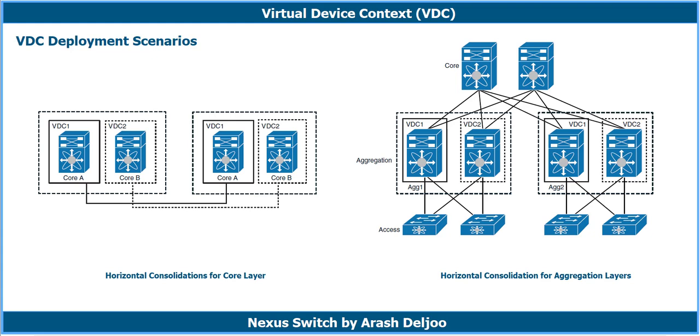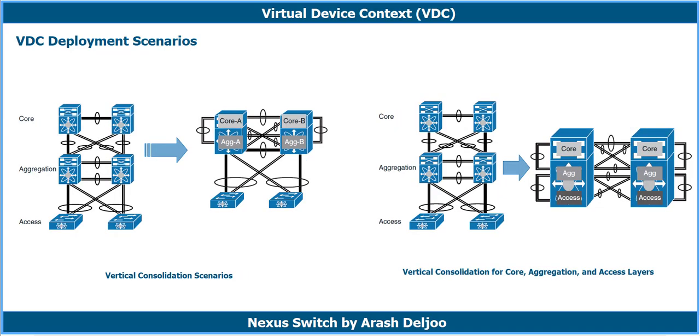So rather than building a separate aggregation layer for test and development, you can create multiple VDCs called Aggregation 1 and Aggregation 2. Aggregation 1 and Aggregation 2 are completely isolated with separate role-based access and separate configuration files. The right figure shows multiple aggregation layers created on the same physical devices.